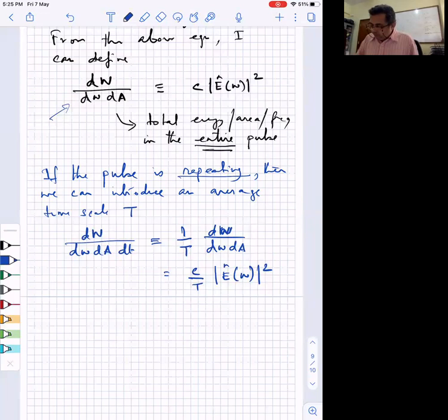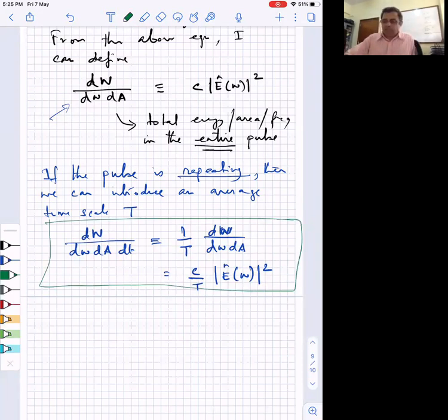Now, this equation will turn out to be a very, very important equation. The structure of building this equation was very simple, but this equation will turn out to be a very, very important equation later in this radiation theory. Okay, where a lot of times we will always define things within a time.